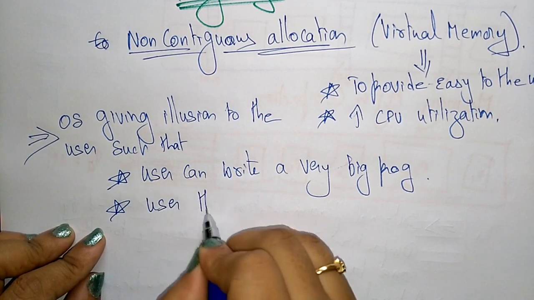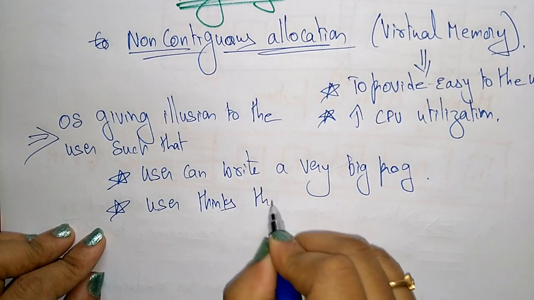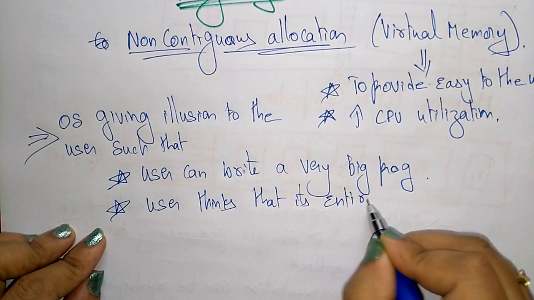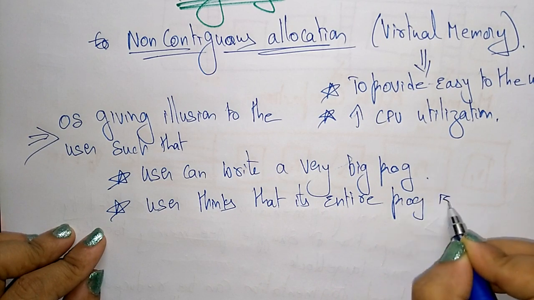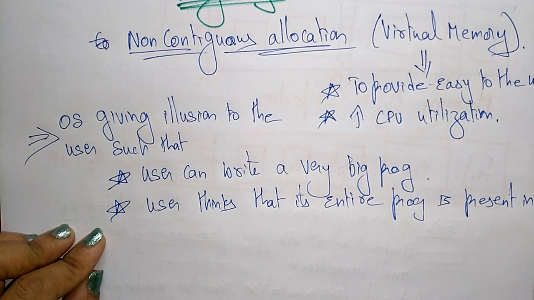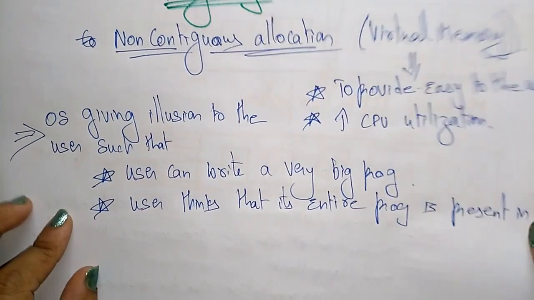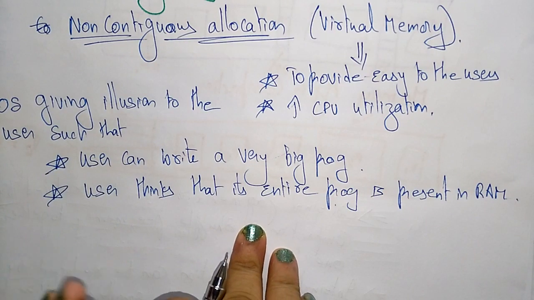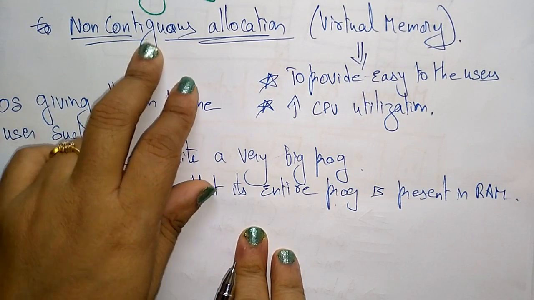The user thinks that the entire program, whatever program he is accessing, is present in RAM. I am talking about the virtual concept, virtual memory, which is a non-contiguous allocation.